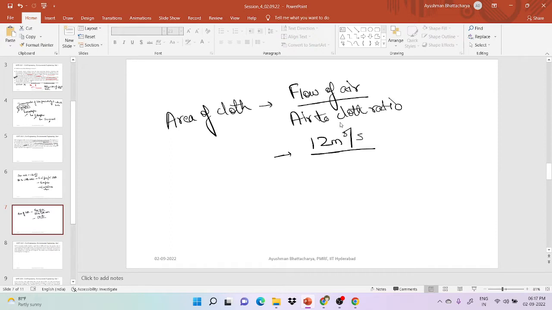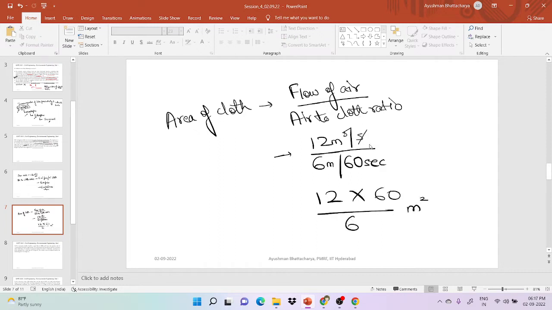So meter cube per second divided by 6 meter per 60 seconds. We can write it like this: 12 into 60 divided by 6 will be meter square. Second will get cancelled, and meter cube will get cancelled by meter.